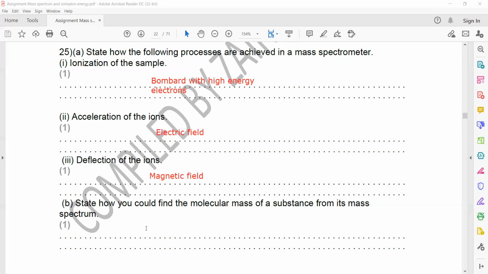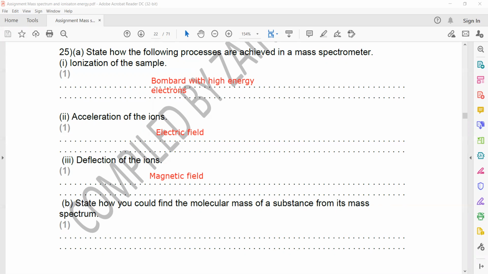State how we can find the molecular mass of a substance from its mass spectrum. So the mass to charge ratio multiplied by charge, or the molecular ion which we get multiplied by the charge, we will get the mass.